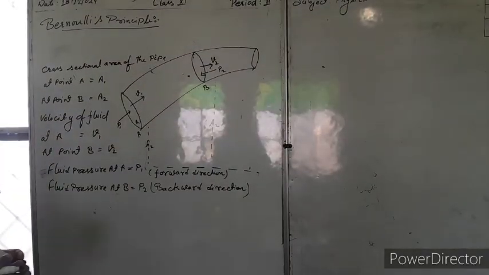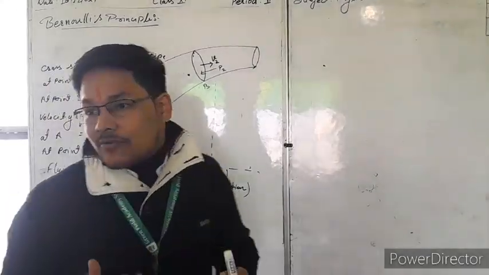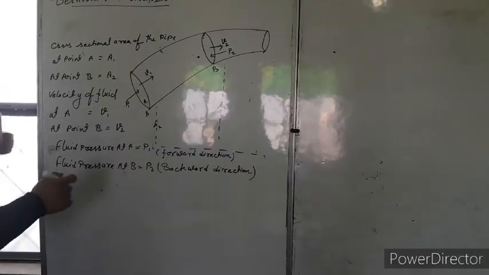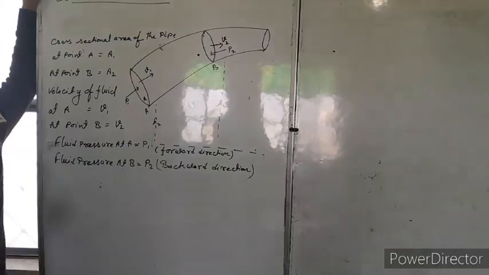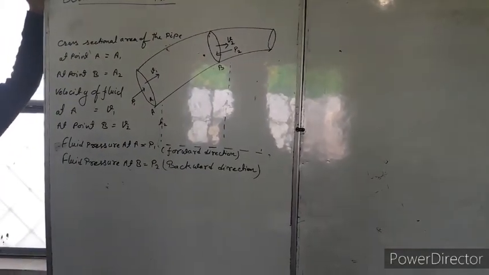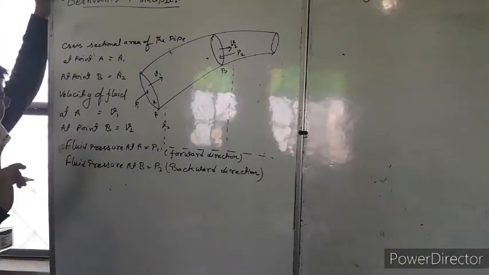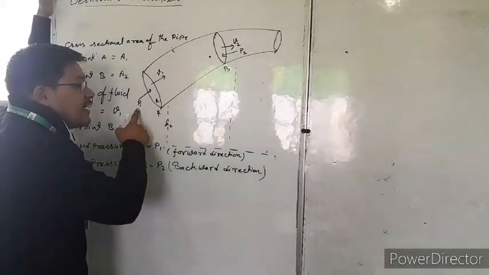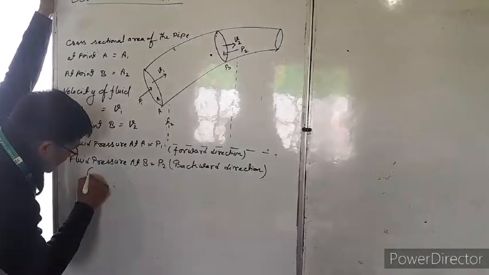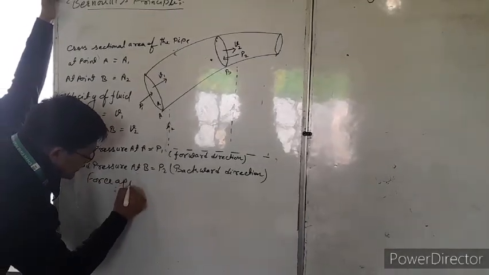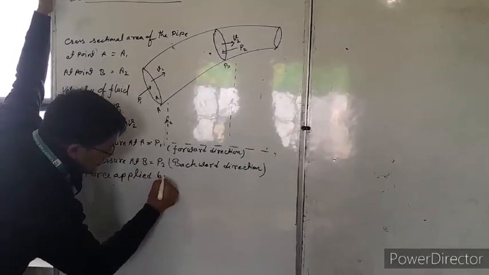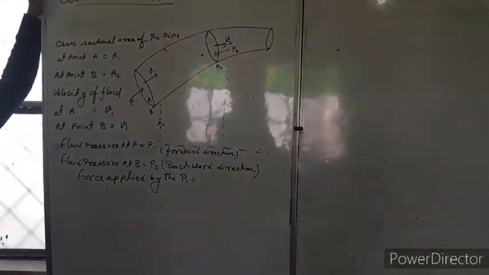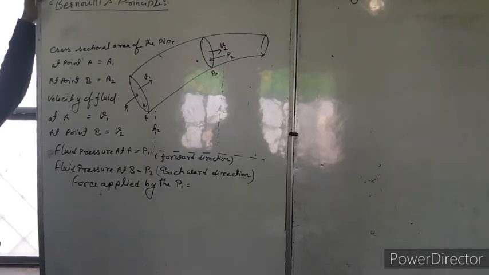Now we have to calculate the work done by the pressure energy. First of all, I have to calculate the force applied by P1. It is P1 A1.